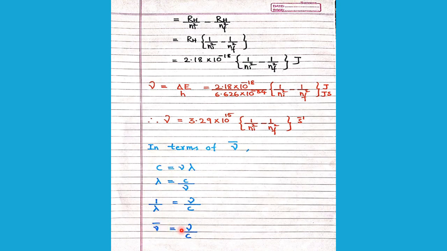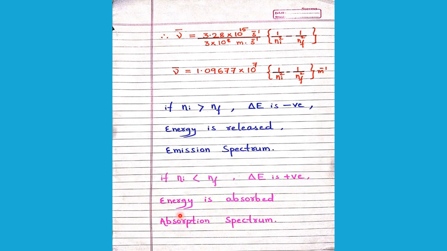So nu bar equal to nu by C. Let us substitute the values: 3.29 into 10 to the power 15 per second, and C, the velocity of light, 3 into 10 to the power 8 meter per second, into 1 by Ni square minus 1 upon Nf square. Per second cancels, leaving meter in the denominator. Therefore nu bar after simplification becomes 1.09677 into 10 to the power 7 into 1 upon Ni square minus 1 upon Nf square per meter.